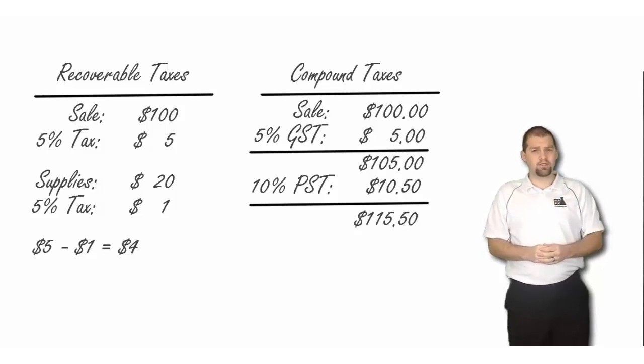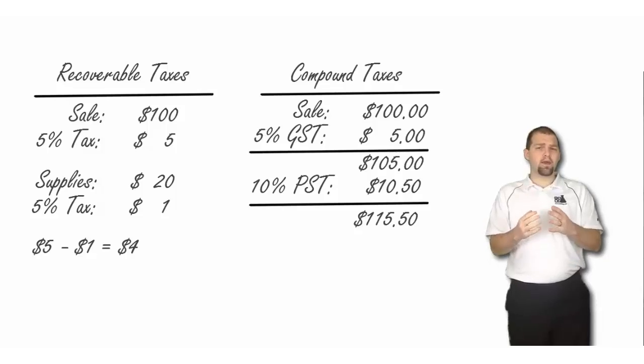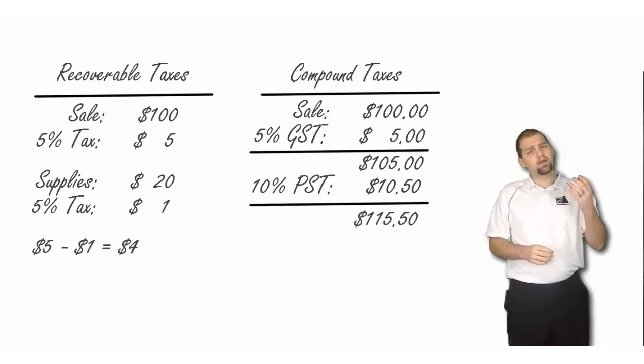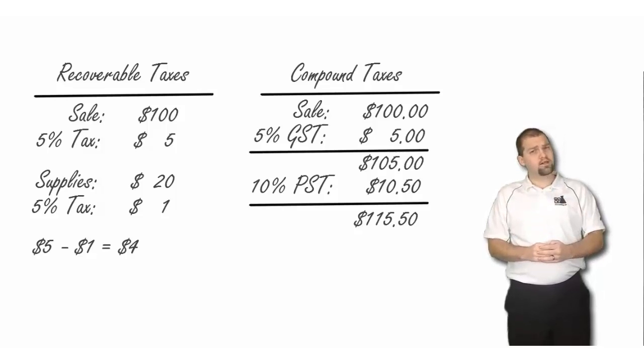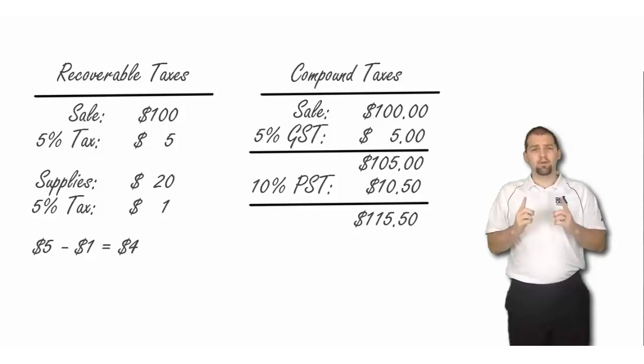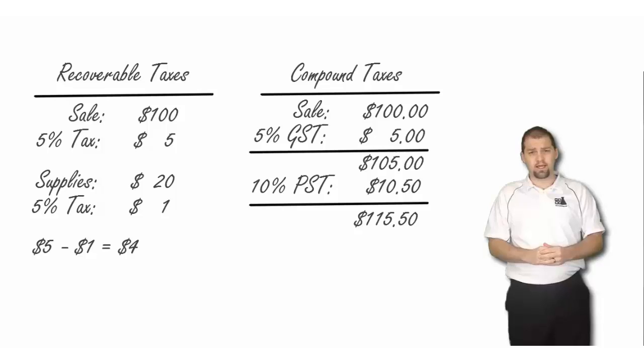Hopefully that helps you understand a little bit about what a compound tax is and what a recoverable tax is. As I said, compound is not as common in the United States. Recoverable sometimes can be, but it's important that you understand how the rules work for your particular sales tax. And sales tax rules in the United States can vary from municipality to municipality and from state to state.